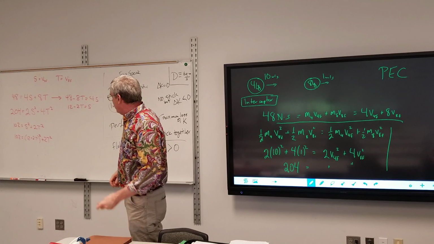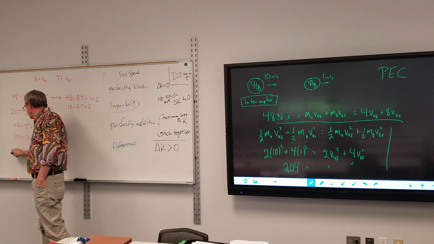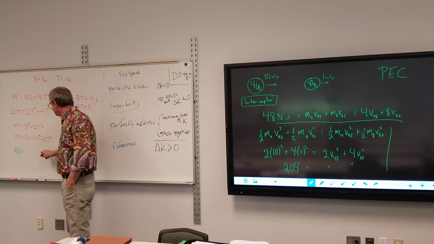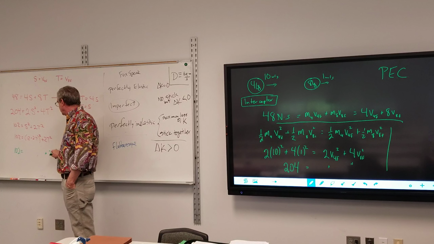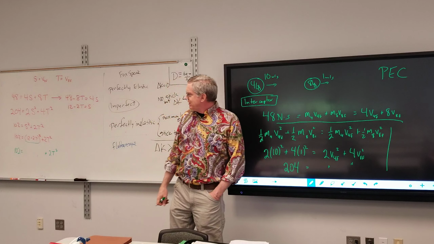So I'm squaring a binomial there. So I have 102 equals something plus 2t squared. So what is that? 12 minus 2t squared.